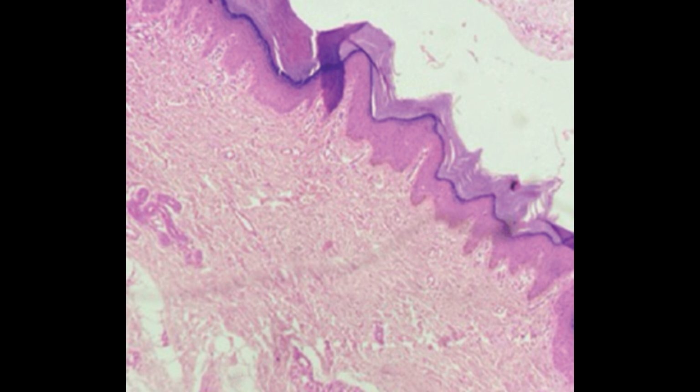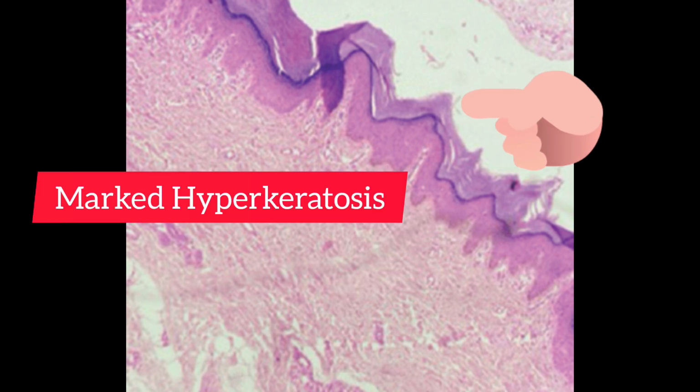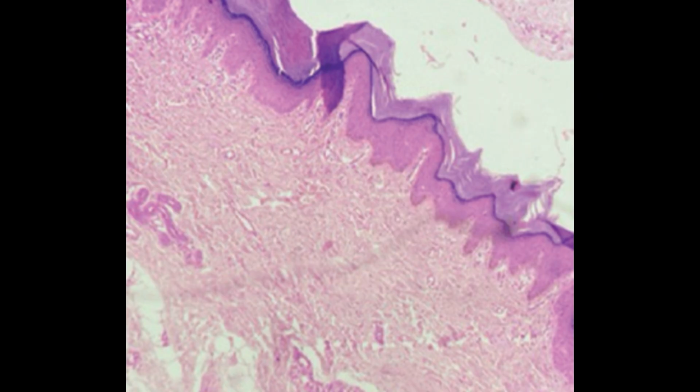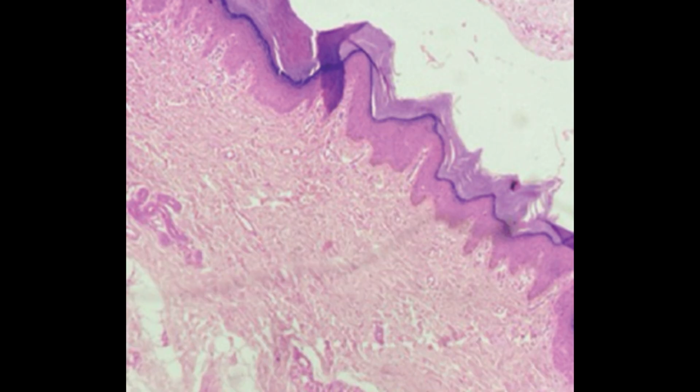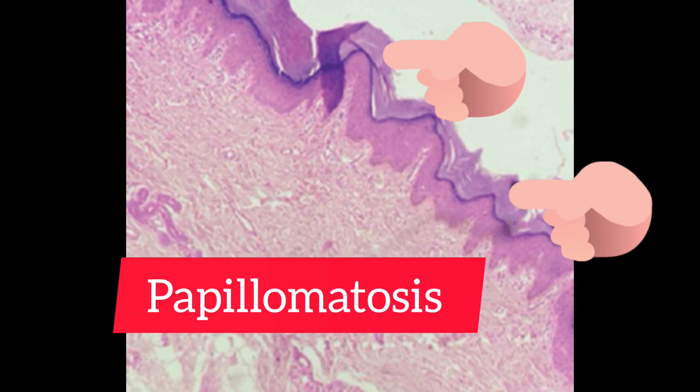This is the photomicrograph of Acrokeratosis verruciformis of Hopf. See, our first finding is stratified squamous epithelium with marked hyperkeratosis, excessive keratin, which you can see in this diagram. The second finding is acanthosis, increased epidermal thickness. The third important finding is papillomatosis, papillary-like projections of the epidermis, right?